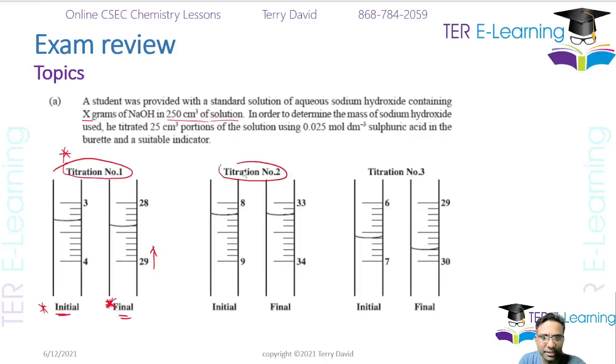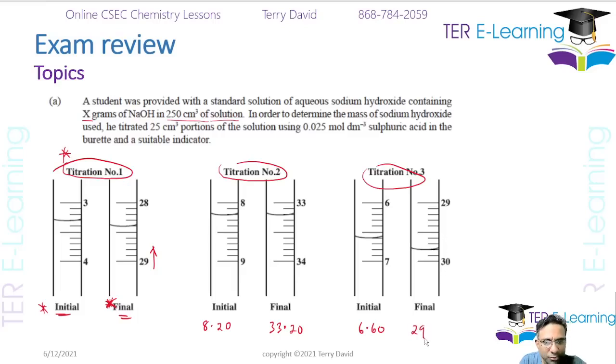I'm going to try to do this one a little faster now. This initial reading here is going to be 8.20. This next one here is 33.20. I'm going to read off all of them one time. This one here is going to be 6.60, and this one here is going to be 29.80.